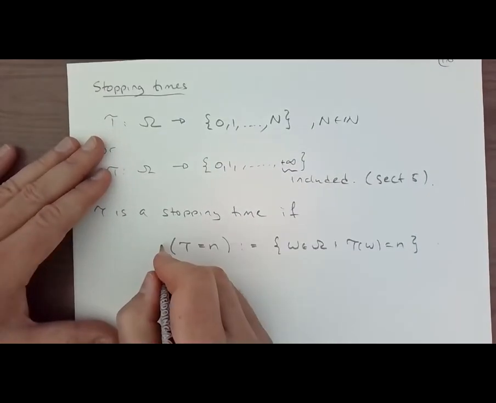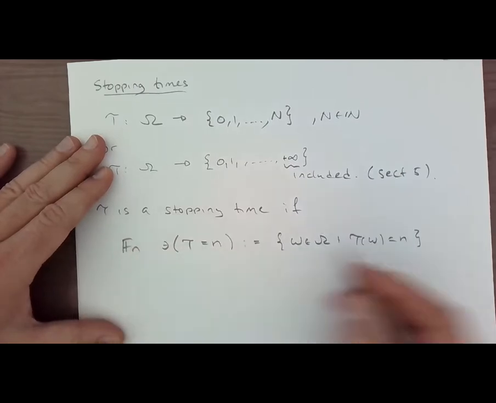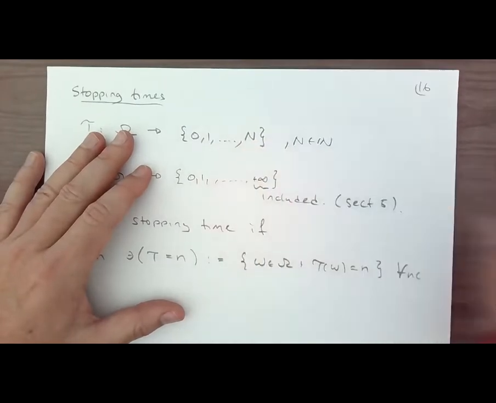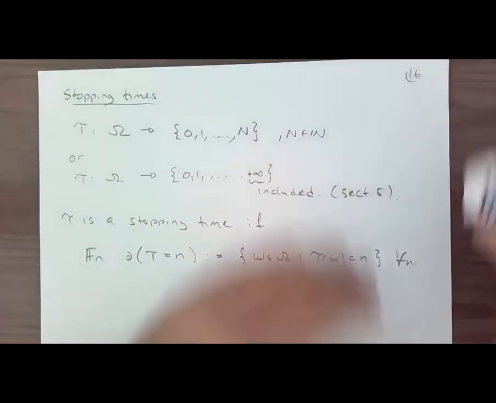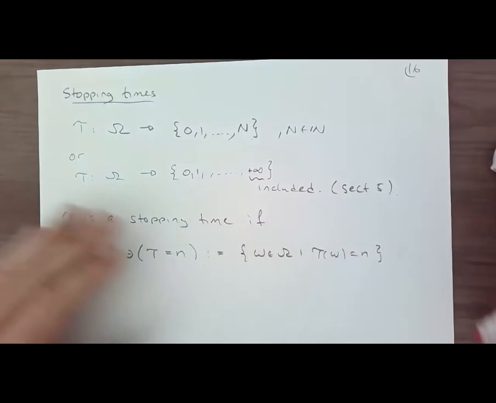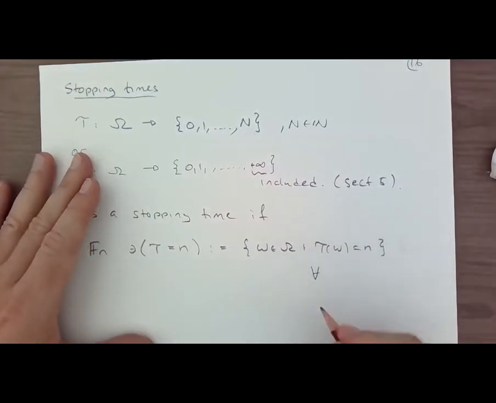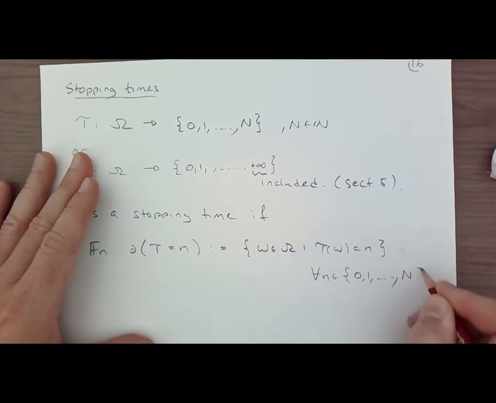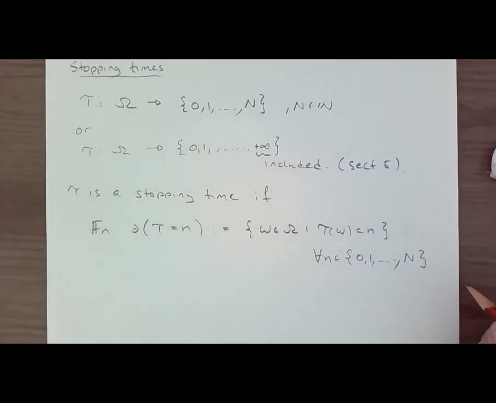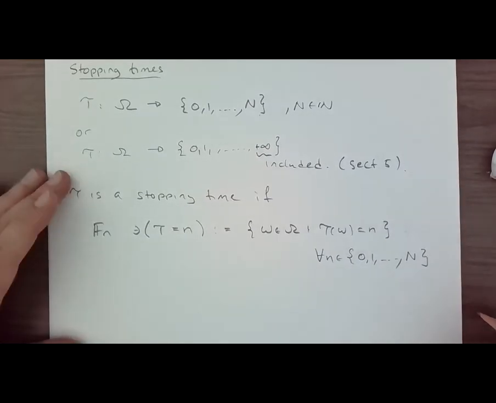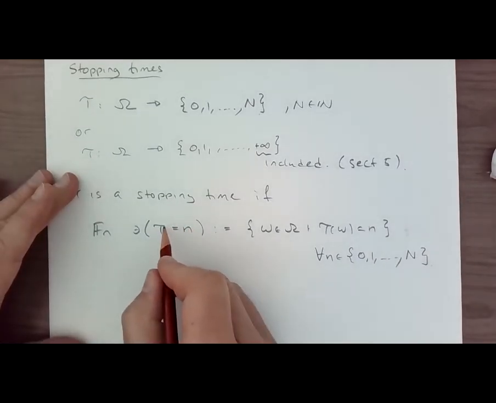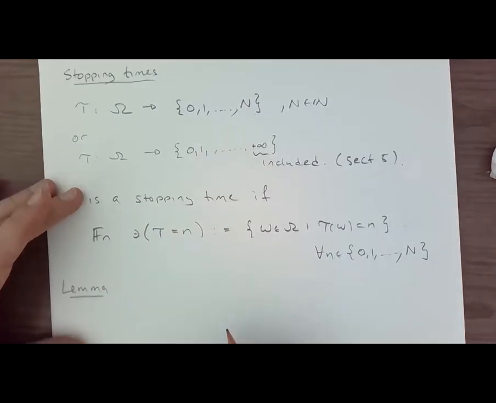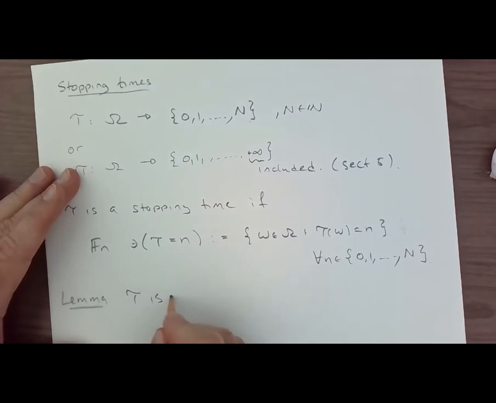If this set belongs to F_n for all n, either in the top one or the bottom one. So we're going to be focusing on the top one, for all n from 0, 1 up to capital N. This here is the condition that one can use in discrete time.